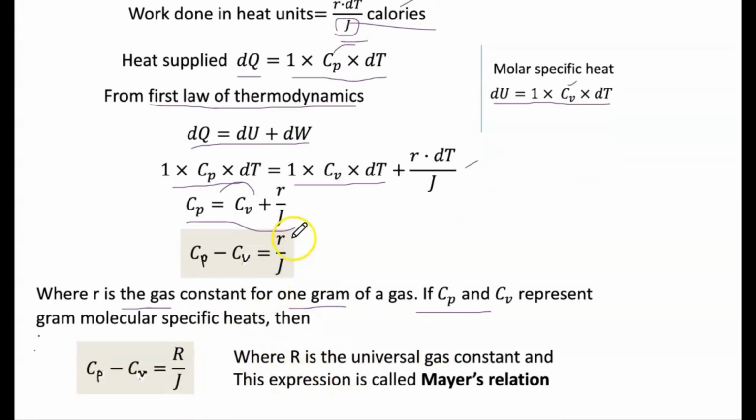If you replace this small r with the universal gas constant R, we get the relation Cp minus Cv is equal to R upon J. This is called Mayer's relation, one of the most important questions here. It says the difference in the specific heats at constant pressure and constant volume is equal to the universal gas constant R divided by J, converting to calories. So this is how we got Mayer's relation. Okay, thank you.